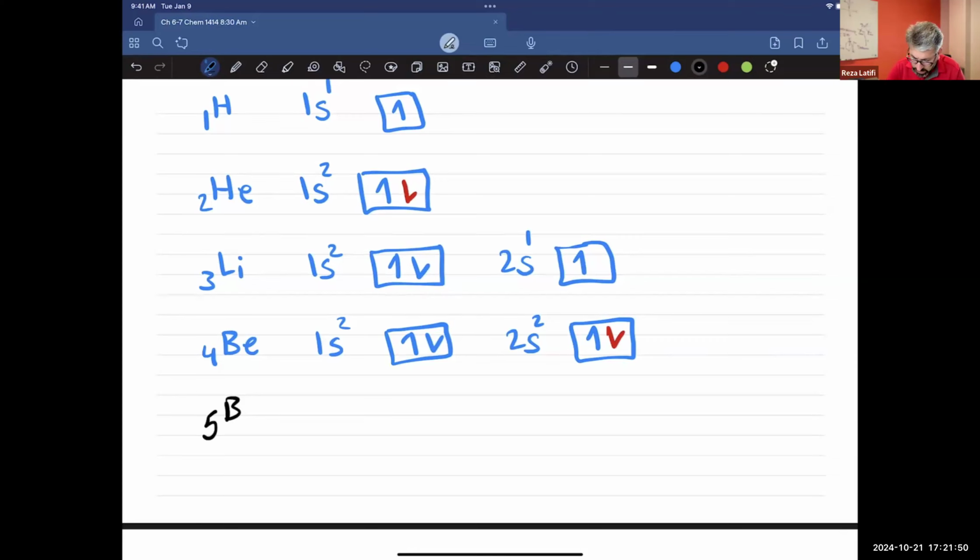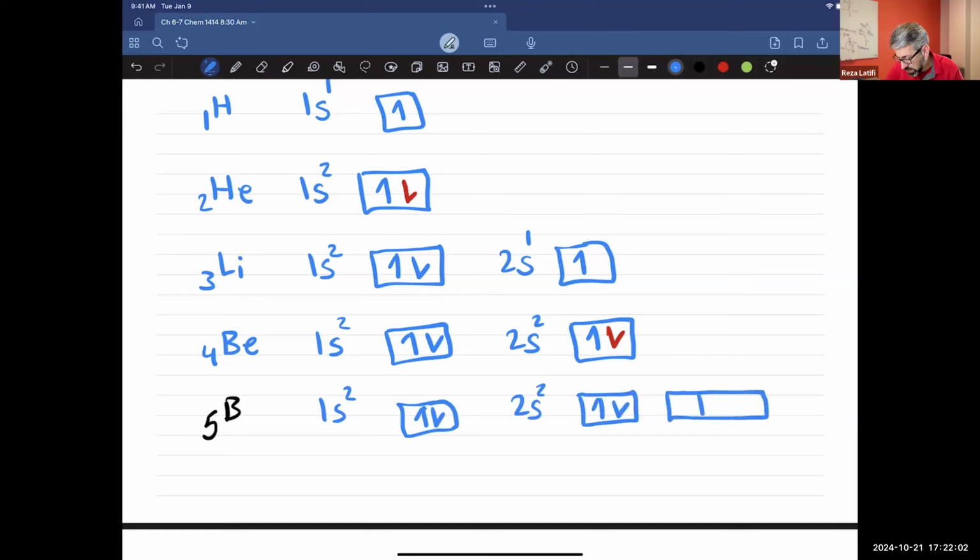In that case, I go 1s2, fully occupied, then 2s2, fully occupied. Now I have a new orbital, and that new orbital is going to be a p orbital. So I will have 2p1, one electron, and that electron will be pointing up.